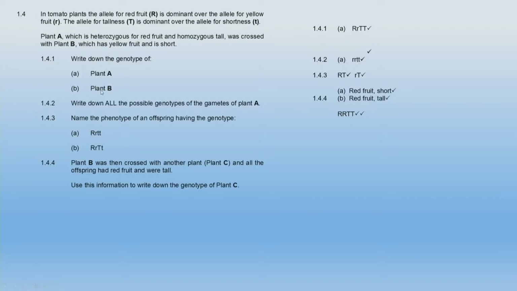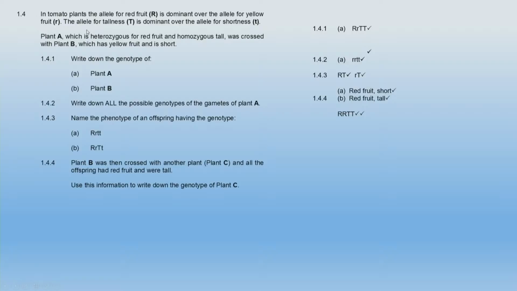I want to emphasize something here. If you look at this statement, in tomato plants, the allele for red fruit is dominant over the allele for yellow fruit, etc.